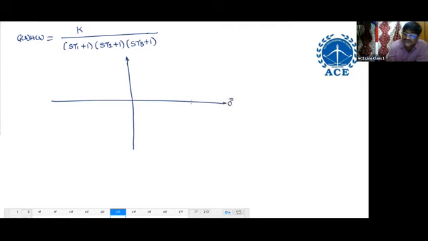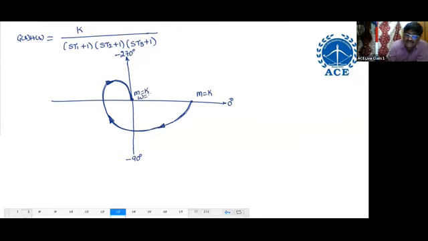Zero degrees. What is the magnitude? Here k. Where does it end? Minus 270. Same thing. Draw the plot. Here magnitude k.